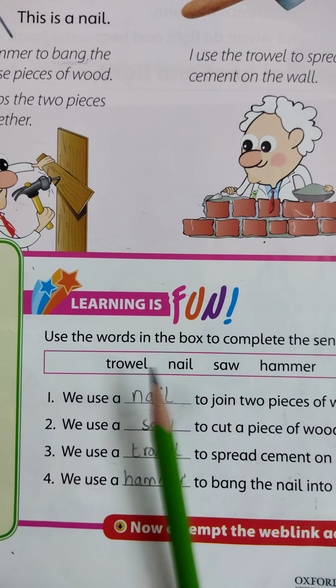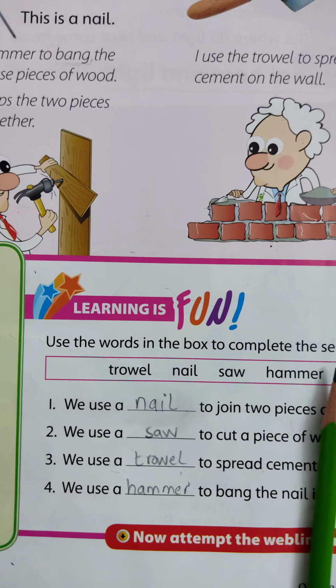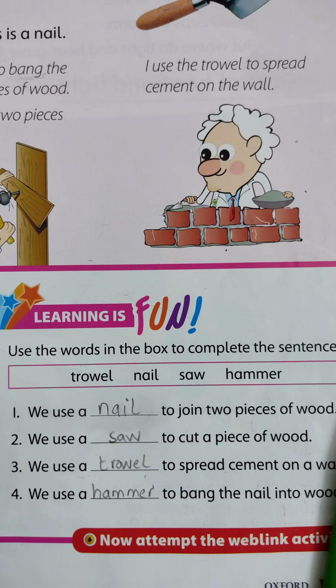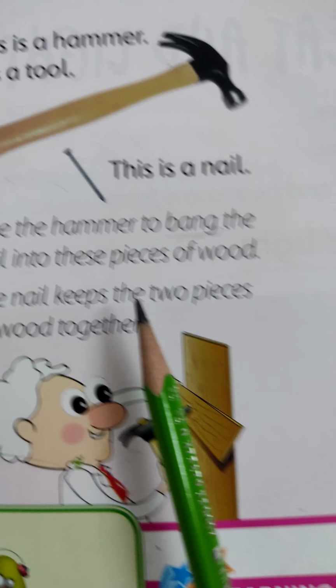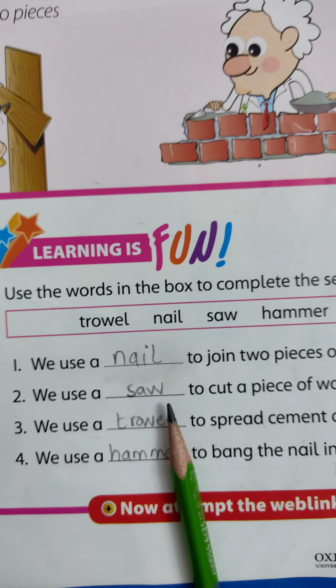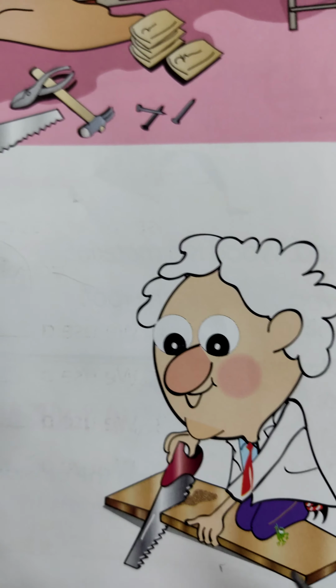Here we have 4 words: trowel, nail, saw, and hammer. Number 1, we use a dash to join two pieces of wood. We use a nail to join two pieces of wood. Number 2, we use a dash to cut a piece of wood. We use a saw to cut a piece of wood.